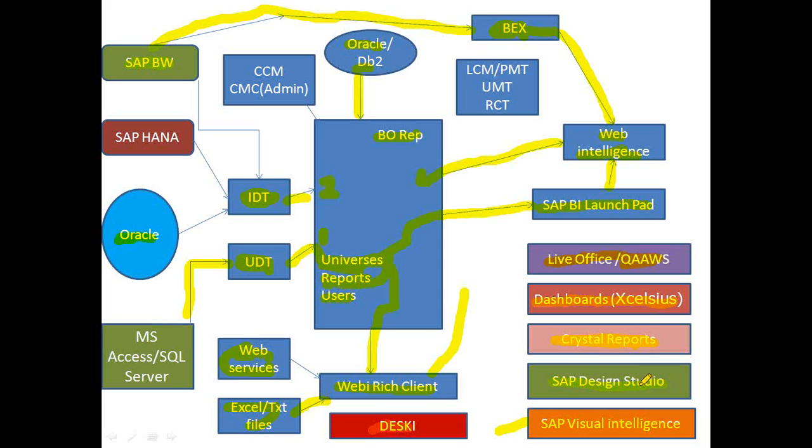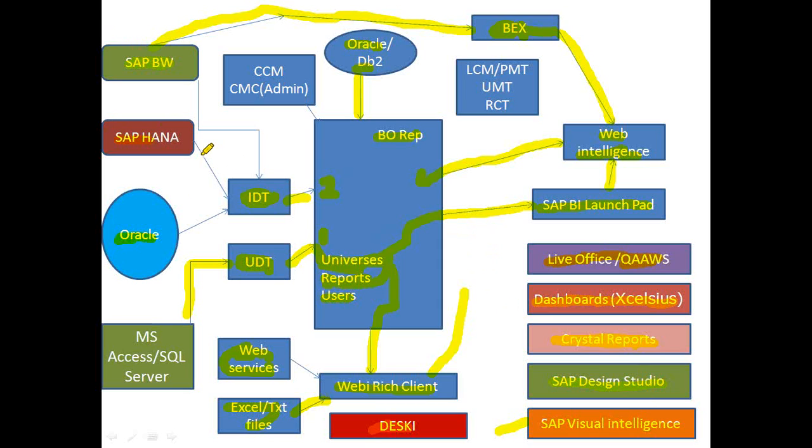Design Studio has some limitations. For example, we cannot access it from the mobile application. Also, we can generate a dashboard only on top of the BW system and HANA system, so Design Studio can't access non-SAP sources.